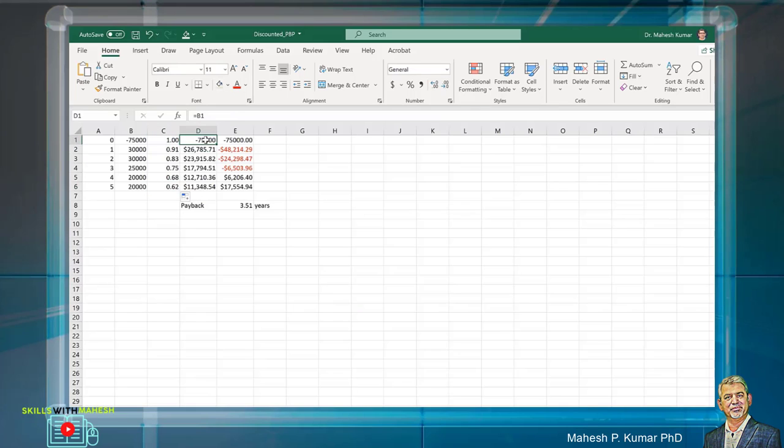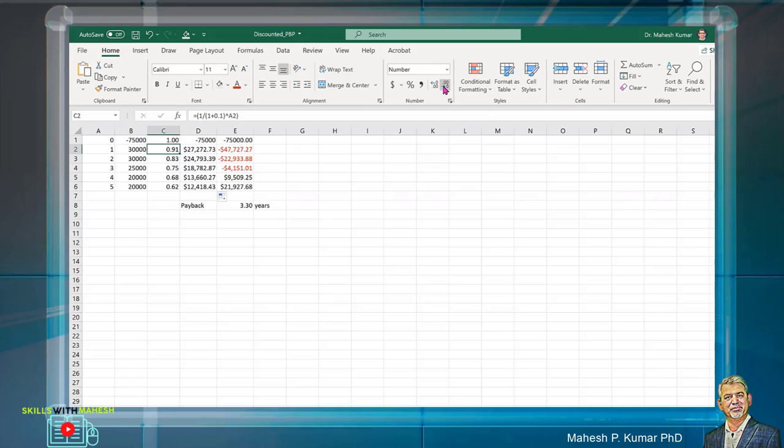And then you will do what? B column into C column, B column into C column, right? So this is what you will do. And then I will change it back to 10% and drag it. These are now all the values. 30,000 into 0.91 gives you this number. Actually, it is not 0.91.